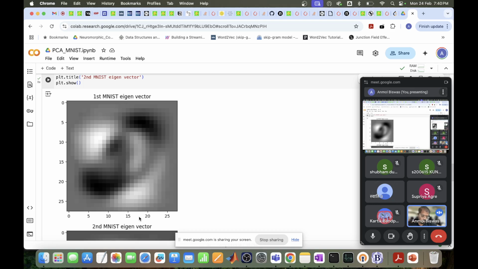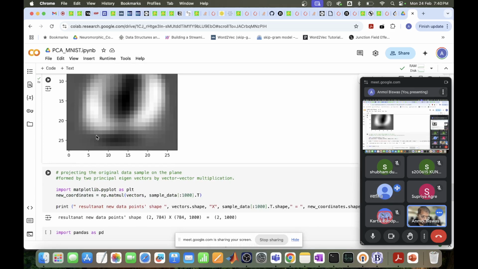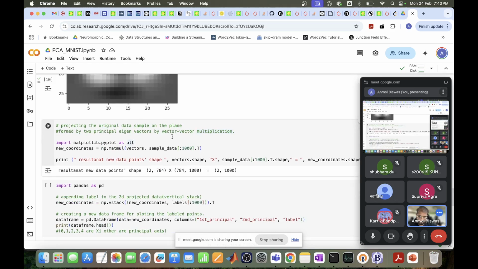So it can be expressed as a sum: a1 times this eigenvector plus a2 times this eigenvector plus a3 times the third, and so on, until you have added up scaled combinations of all the eigenvectors. So yeah, that's what that is.